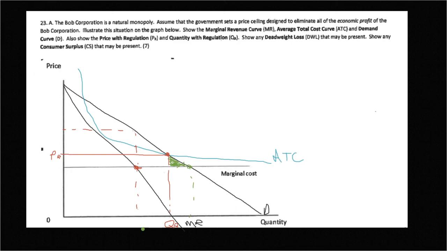This is a relatively good compromise, and we wouldn't have too much deadweight loss. And so this is regulation of natural monopolies.